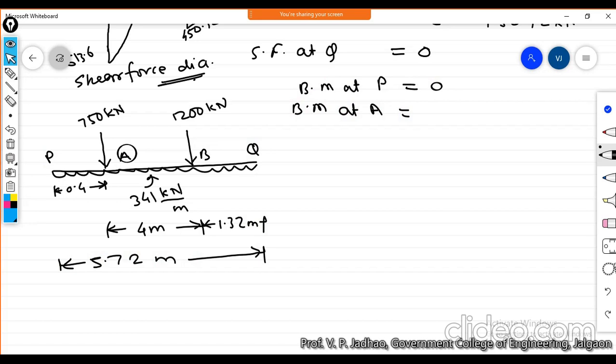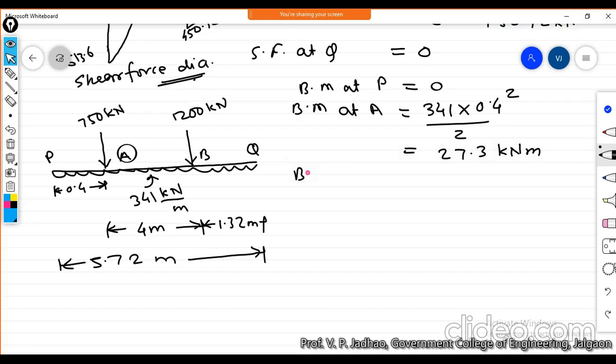If we consider this part as a cantilever, then the bending moment will be WL square upon 2. W is 341 multiplied by L, 0.4 meter square, divided by 2. So the bending moment at point A will be equal to 27.3 kilonewton meter.